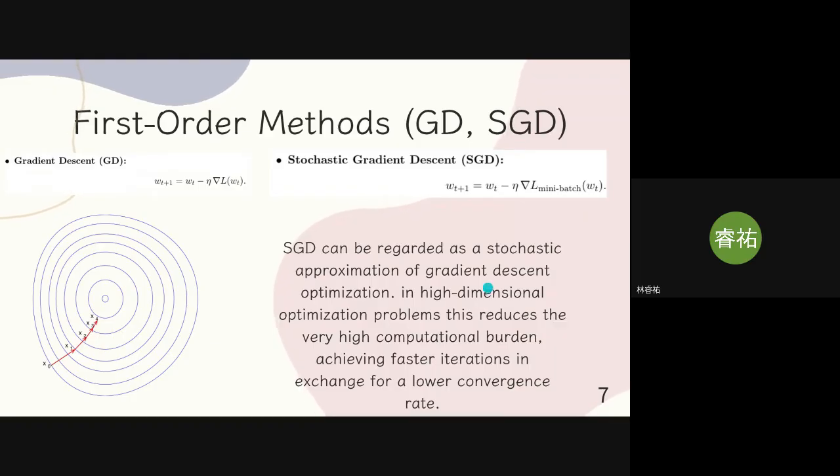Stochastic gradient descent can be regarded as a stochastic approximation of gradient descent because it only uses a mini batch of training data, so it doesn't cost a lot of time for training, and it doesn't use a lot of training resources.